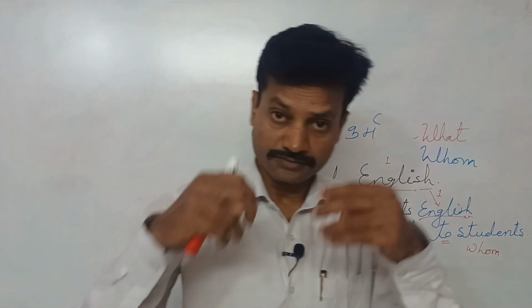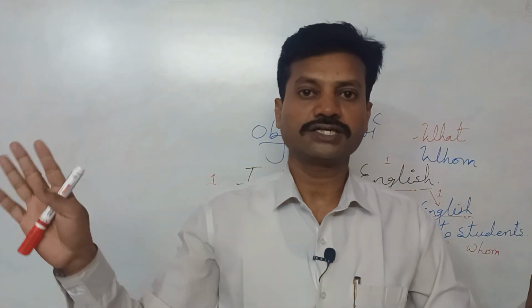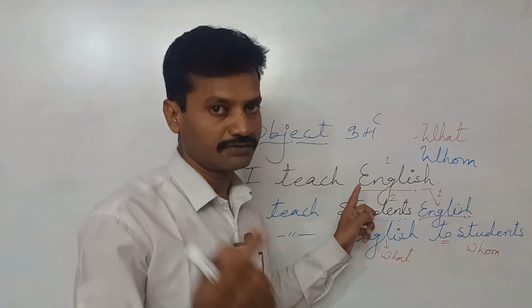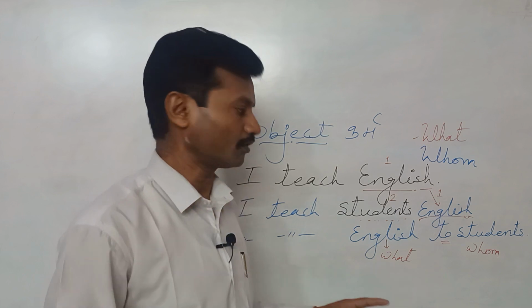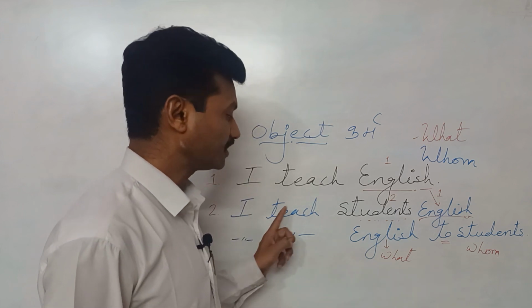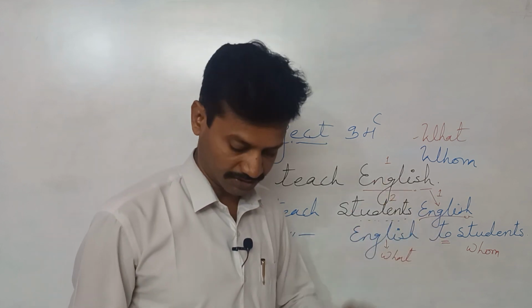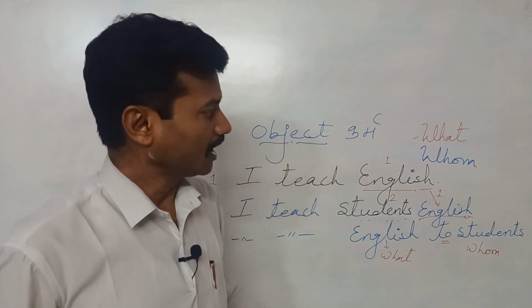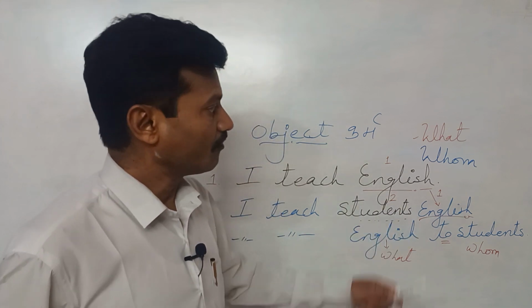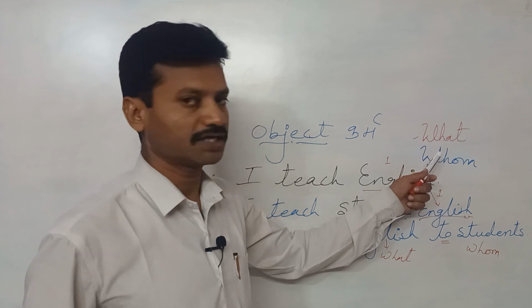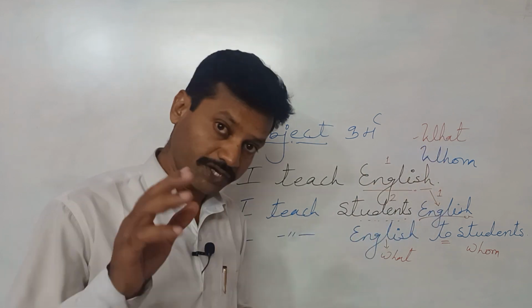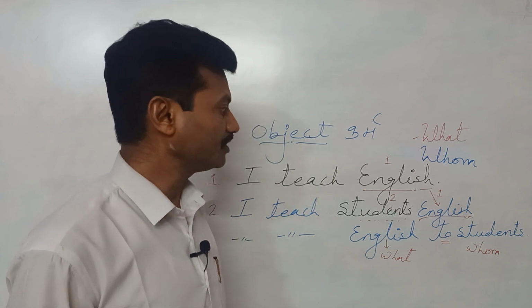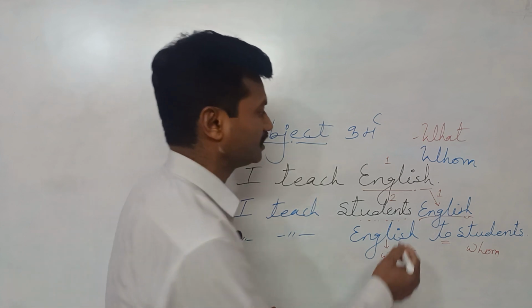So there may be no object, there may be one object, or there may be two objects. Second sentence, I teach students English. Okay. Additional information: when you construct a question with the help of what, at that time you get an object, but that may be a non-living thing, like this.